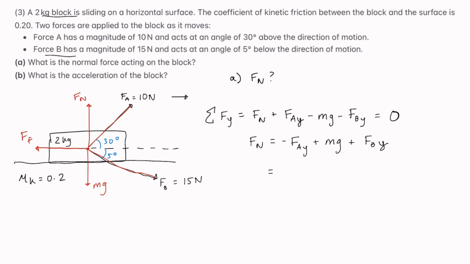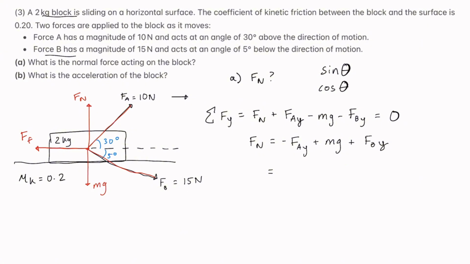When we're considering the y component of the force, we'll use sine theta if we're given that the angle is above the x-axis, and if we're trying to find the x component, we'll use cosine theta.